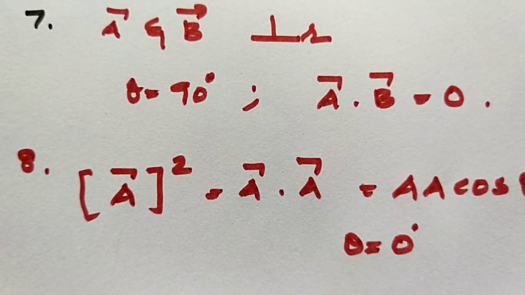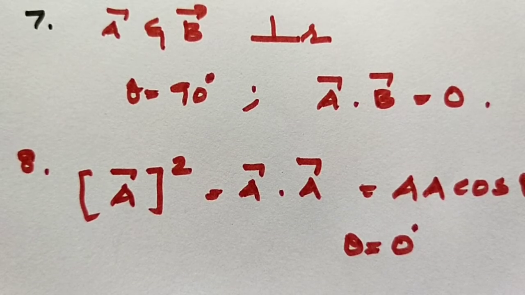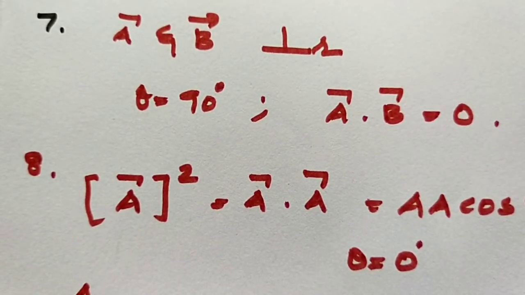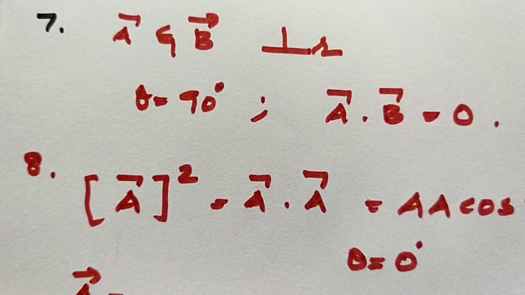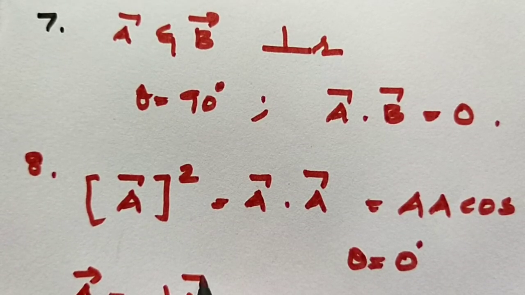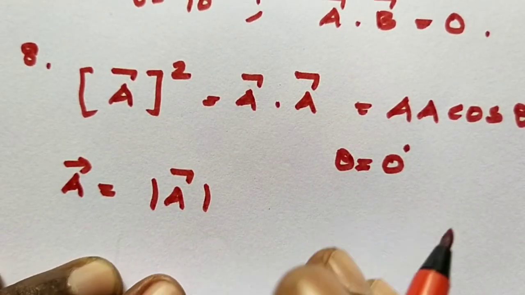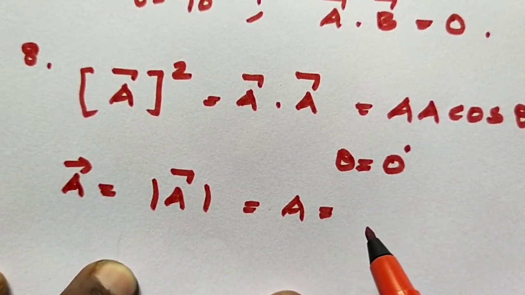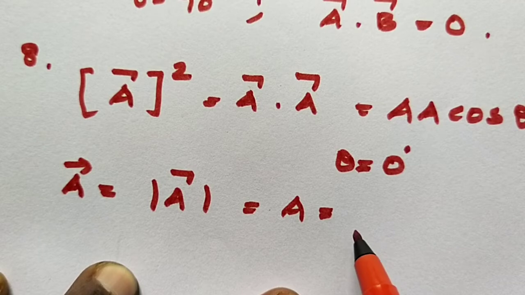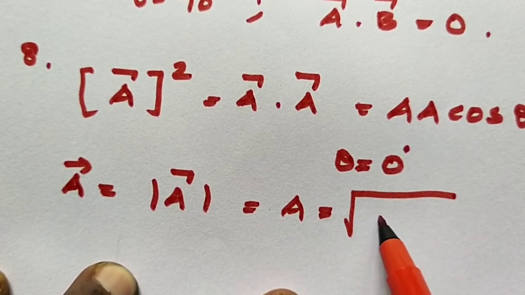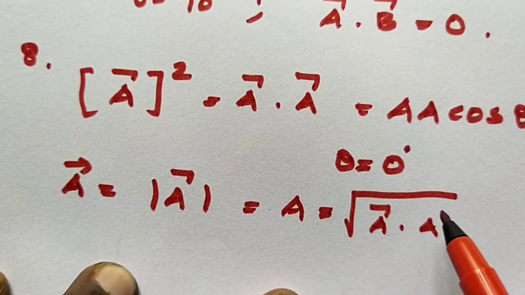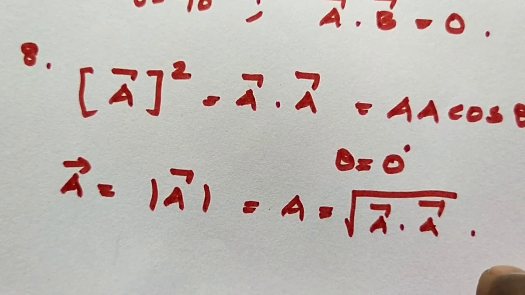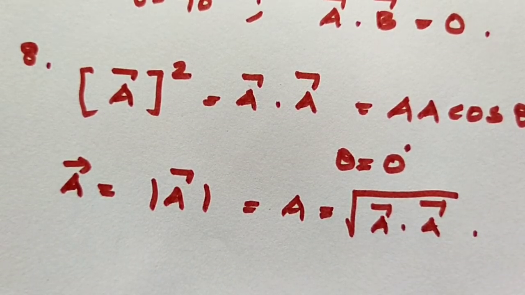So finally we can get the magnitude or norm of the vector. So that is the modulus of the A vector. So finally A, the magnitude or norm of the vector, is the root of A vector dot A vector. That is the self dot product, where the angle is 0.